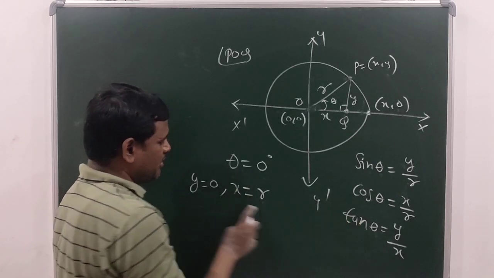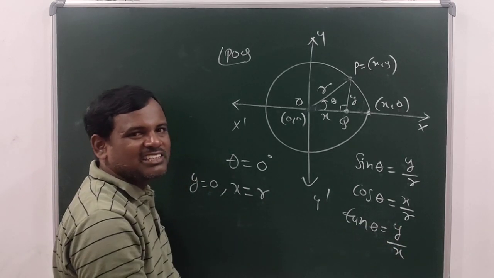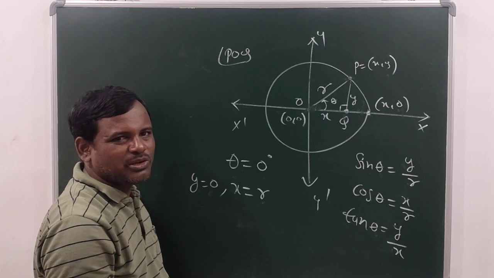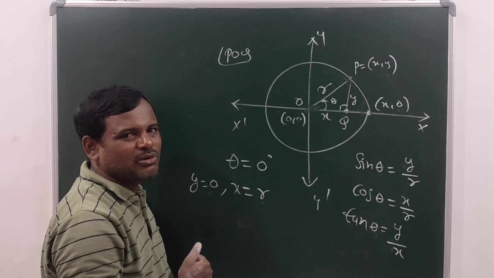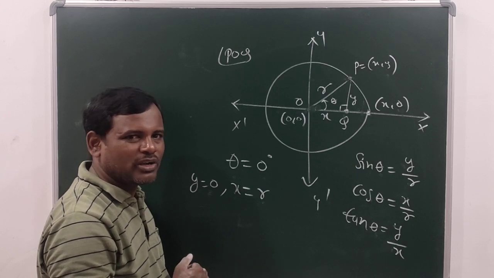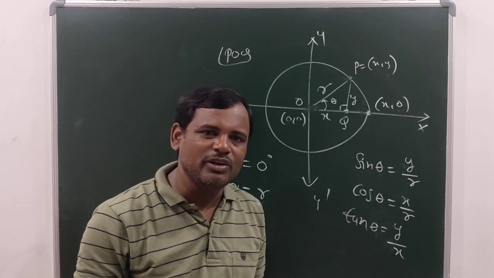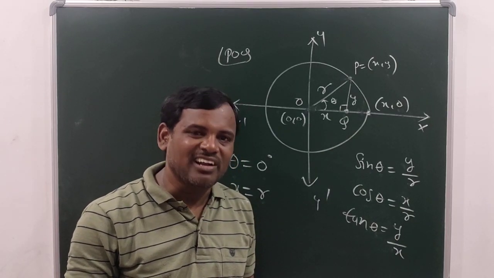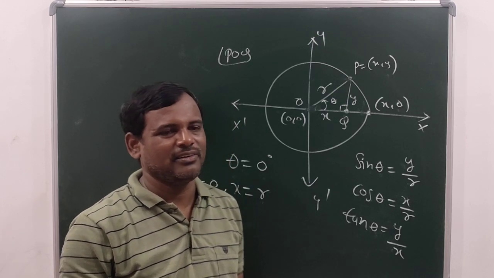Now go to tan: your y value is 0, so 0 by r equals 0. So tan 0 is 0. If tan 0 is 0, when you take its reciprocal, cot 0 will not be defined. So sin 0 is 0, cos 0 is 1, tan 0 is 0, cosec 0 not defined, secant 0 is 1, cot 0 not defined.